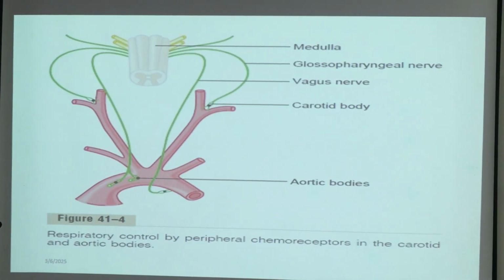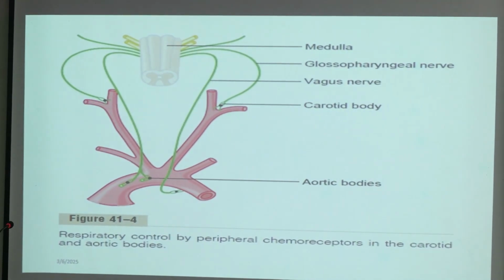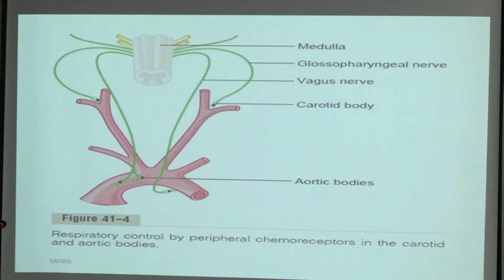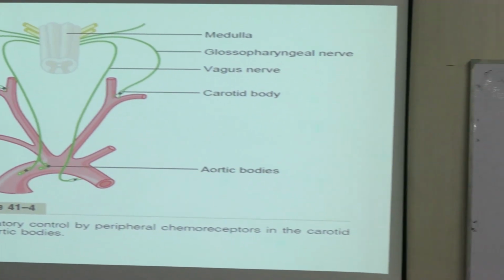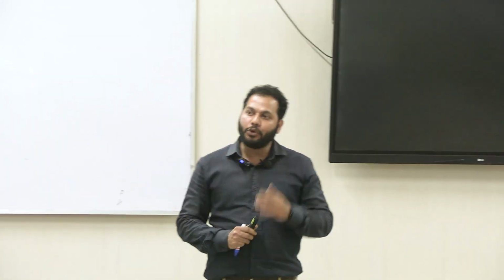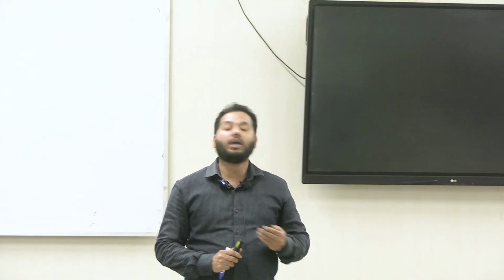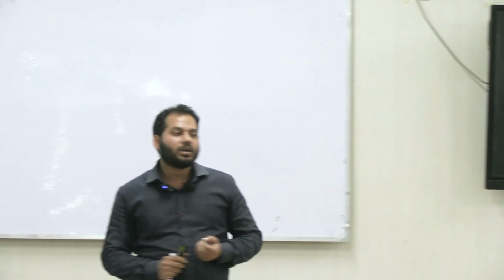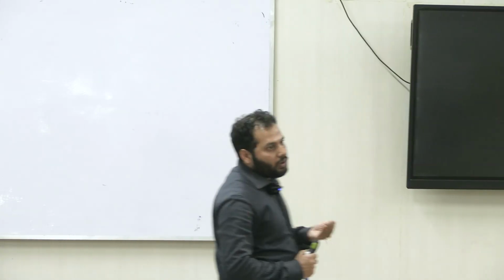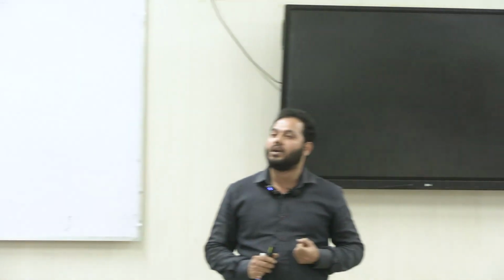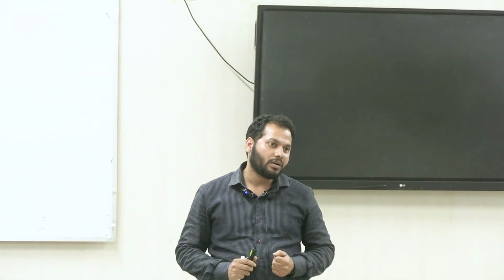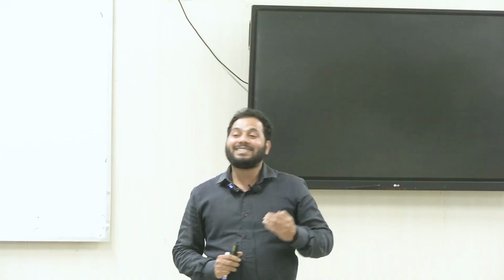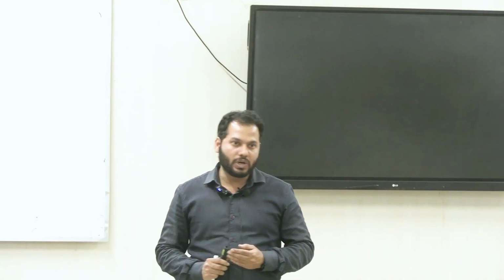Both the nerve fibers are equally important because they carry neuronal impulses based on the amount of carbon dioxide and the amount of oxygen present in the blood, as a response, right?